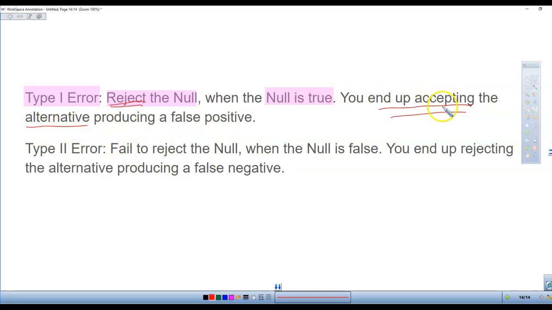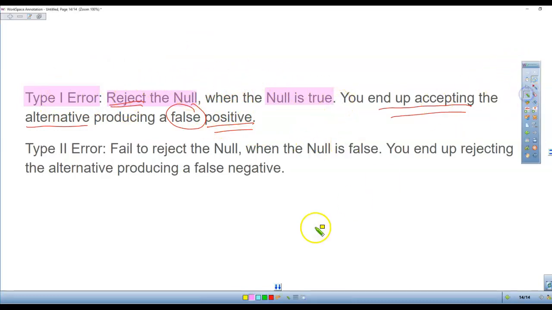So you're accepting the alternative, you're producing a positive result, but it's a false result because you're accepting something that was wrong. So that's a false positive. So you reject the null, you end up accepting the alternative, which is a false positive. Okay, so type 1, you reject the null when the null really is true.